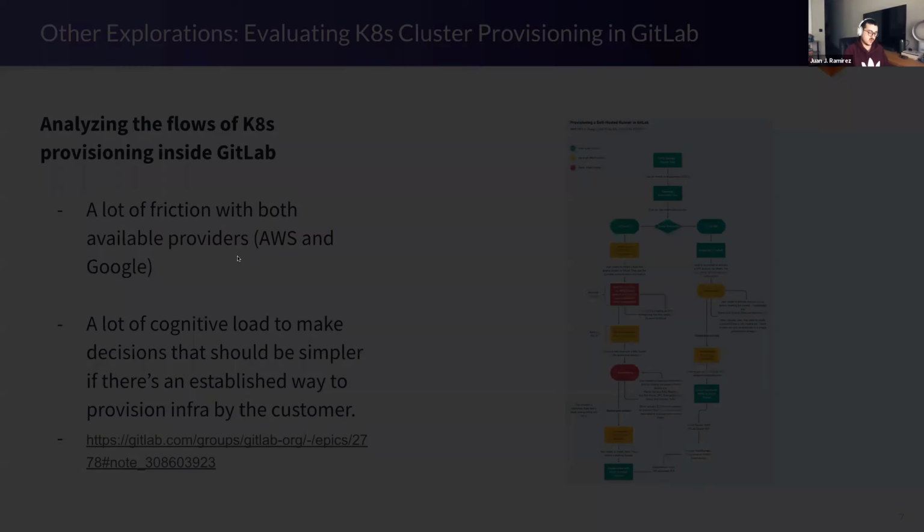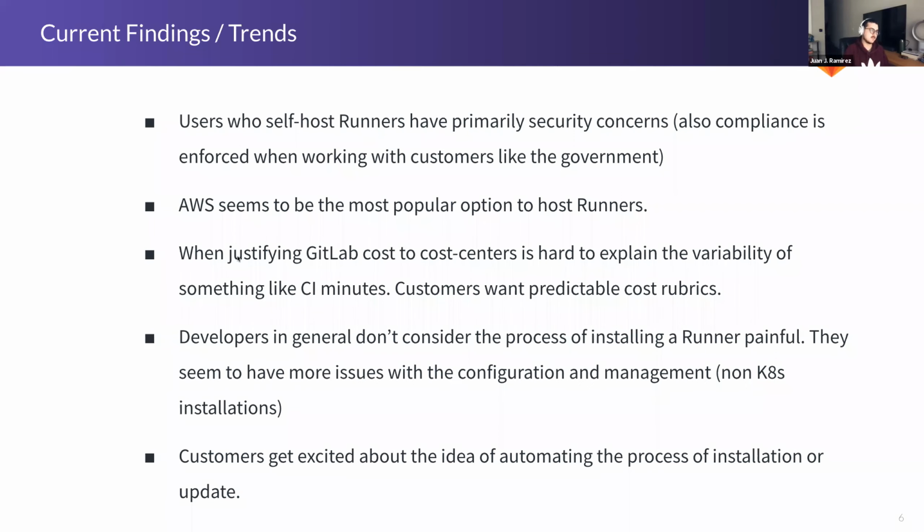Another thing that we found, and this is actually a very interesting finding. Many people were talking about cost and how they justify their GitLab cost. And someone mentioned something very interesting, that when you work with CI minutes, it's very hard to explain that unpredictable cost center, right?